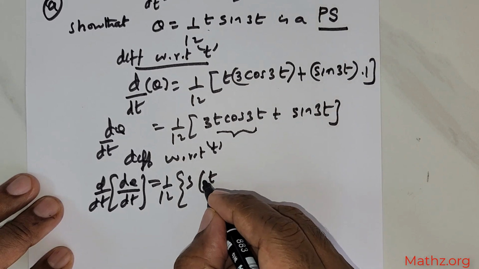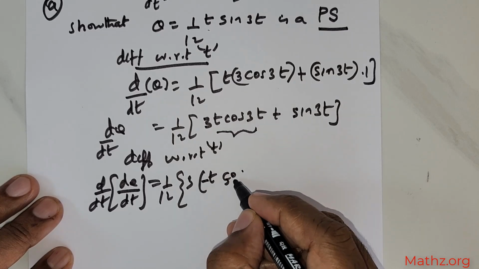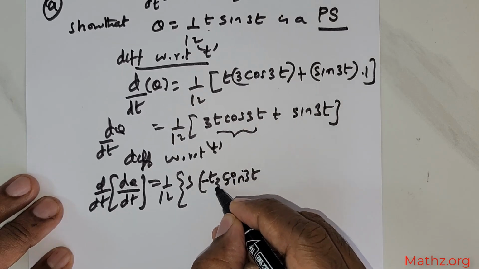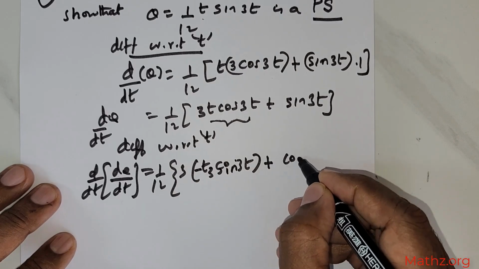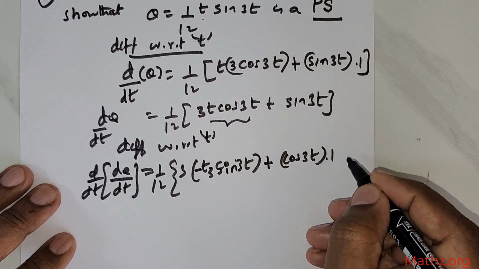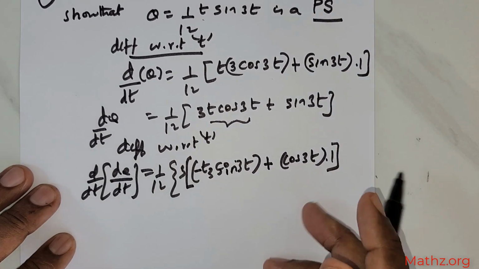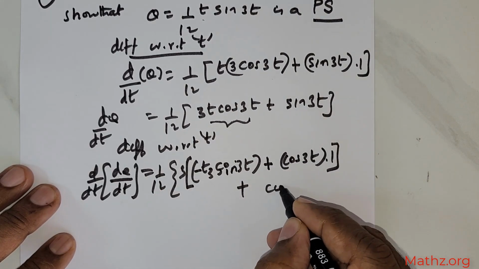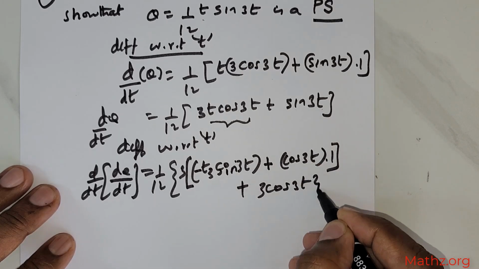Differentiation of cos 3t is negative sine 3t, coefficient of t is 3, so I multiply by 3, followed by a positive sign, and then cos 3t, differentiation of t is 1. Now all of these things should be inside the parenthesis, so that 3 is multiplied, followed by differentiation of sine 3t is going to be cos 3t, and coefficient of t is 3, so place that.